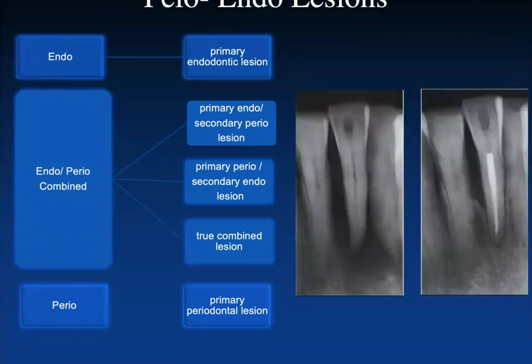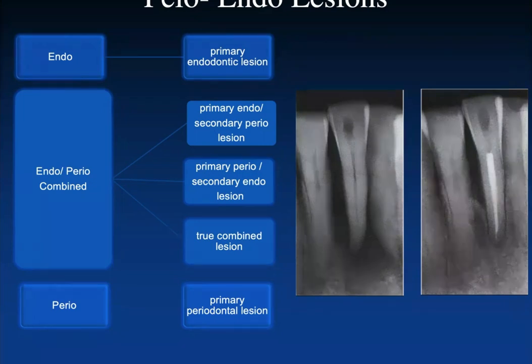Now, for the two combined, in that case you need to focus on both, to treat the root canal and the perio, which will not heal by itself. You need to do periodontal treatment as well. In those cases, you will mainly find wide pockets around the tooth, and there's even calculus in those pockets.